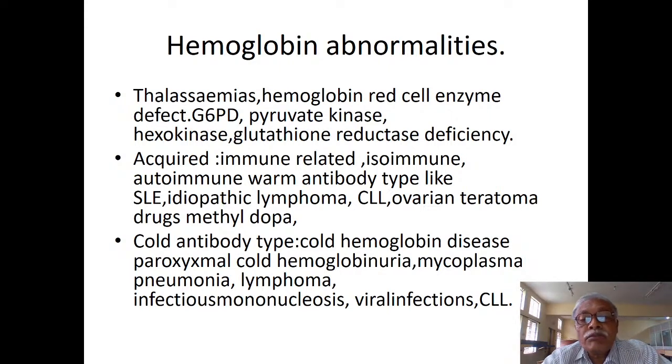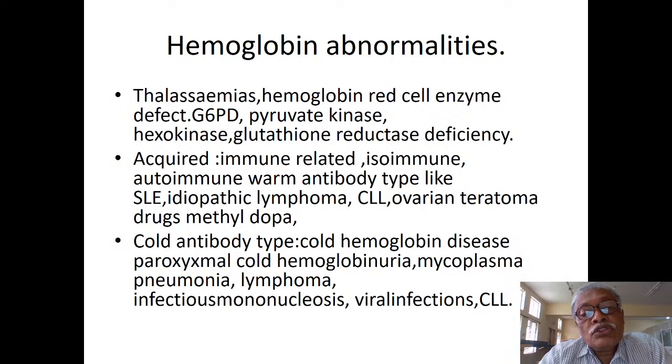The acquired immune-related types: isoimmune, autoimmune, warm antibody type of autoimmune anemia can be present in systemic lupus erythematosus, idiopathic lymphoma also, or chronic lymphocytic leukemia, sometimes ovarian teratoma, and drugs like methyldopa.